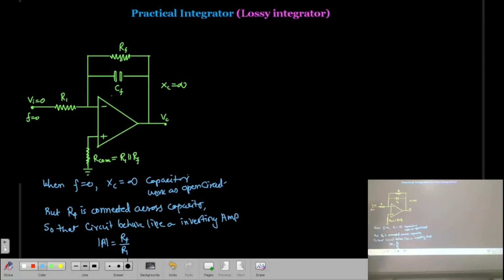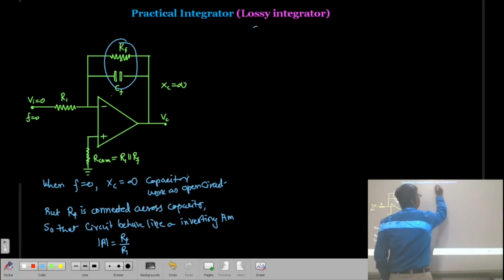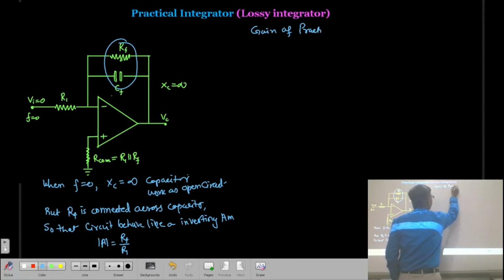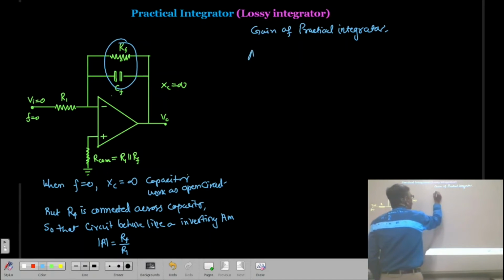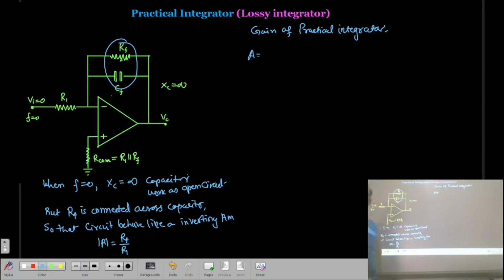Okay. Now let us see what is the gain of this practical integrator circuit. We know that the gain of this inverting amplifier is given by minus Rf by R1. Correct? But now here, instead of Rf, we also have a capacitor.